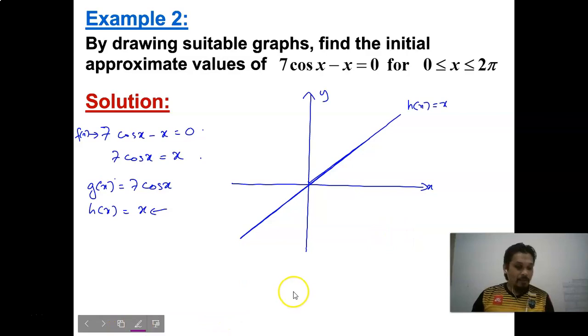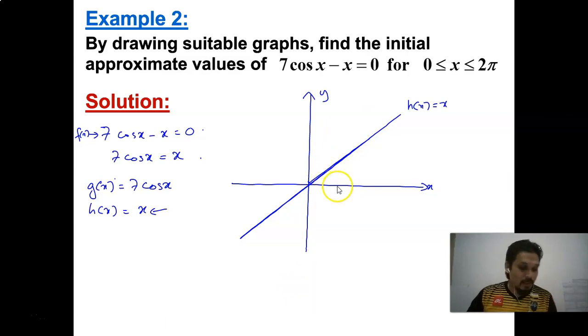The graph of 7 cos x. Okay, you may use any apps that you have, or let's say I sketch this one here, which is pi over 2, pi, 3 pi over 2, and also 2 pi.